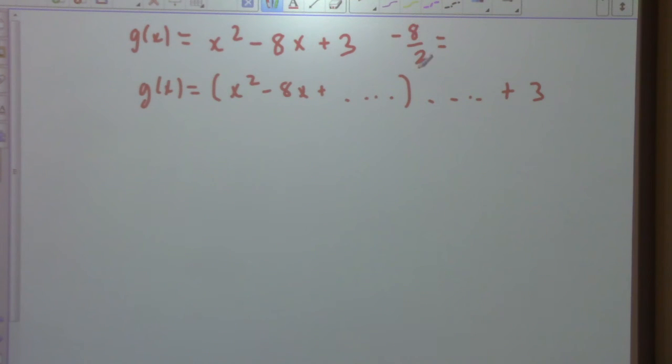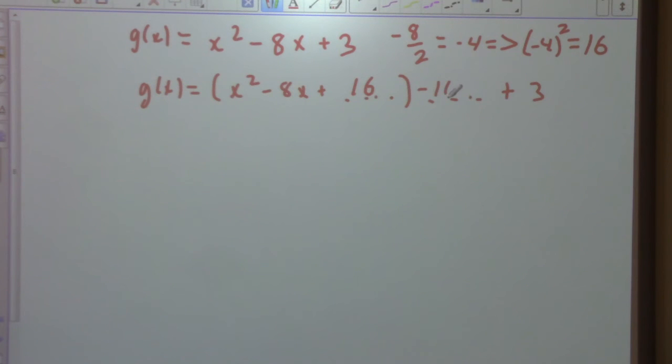But what did we get? What's negative 8 divided by 2? Negative 4. So you get negative 4, and then what you do is you square that. So negative 4 squared is 16. So that means to complete this square, you have to put 16 over here. And since we put 16 over here, we have to do what over here?